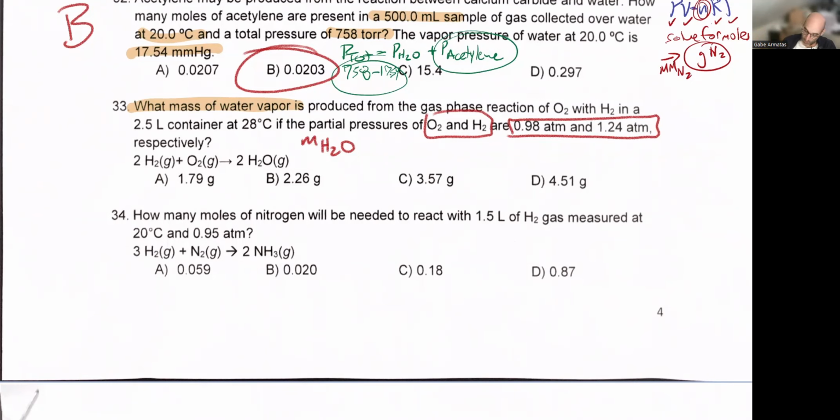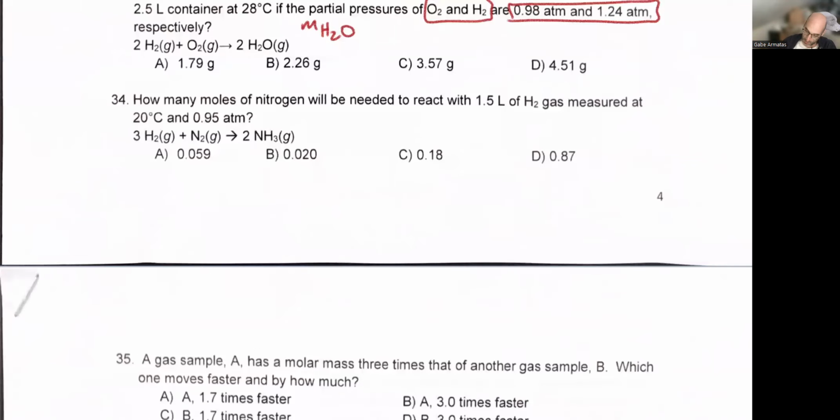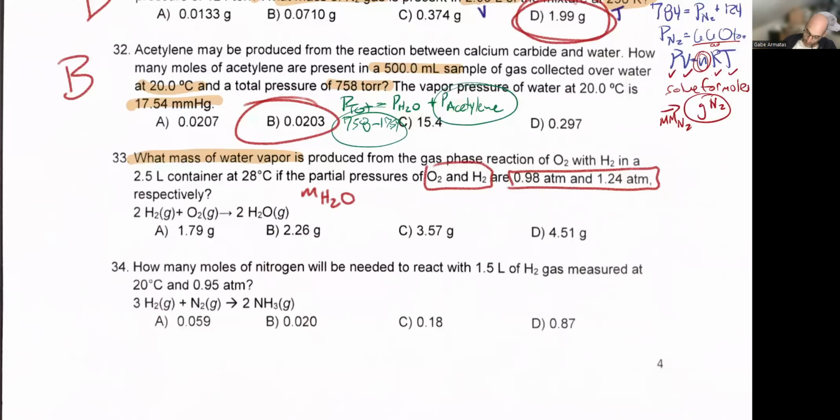So what I'm going to do is take the liters of O2, which we have, convert to moles of O2, then convert that to moles of H2O, and then convert that to grams of H2O. So this is a stoichiometry problem.